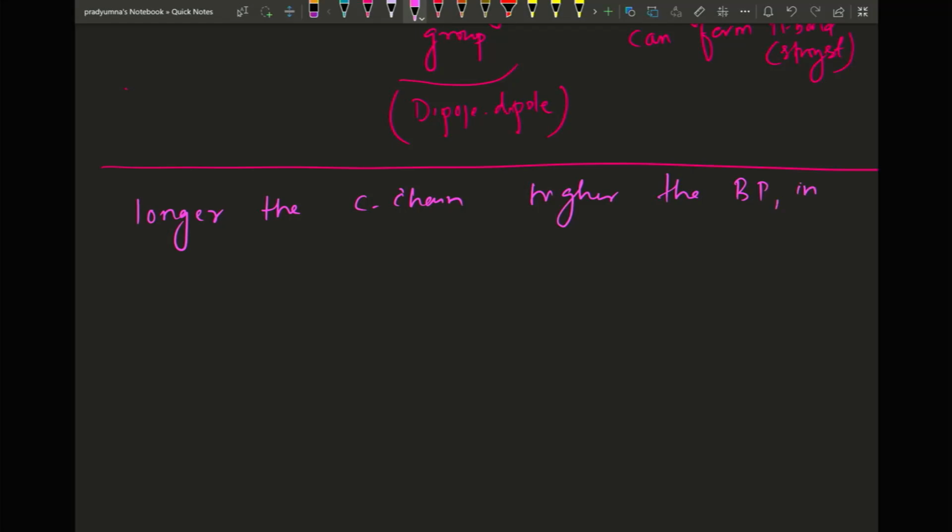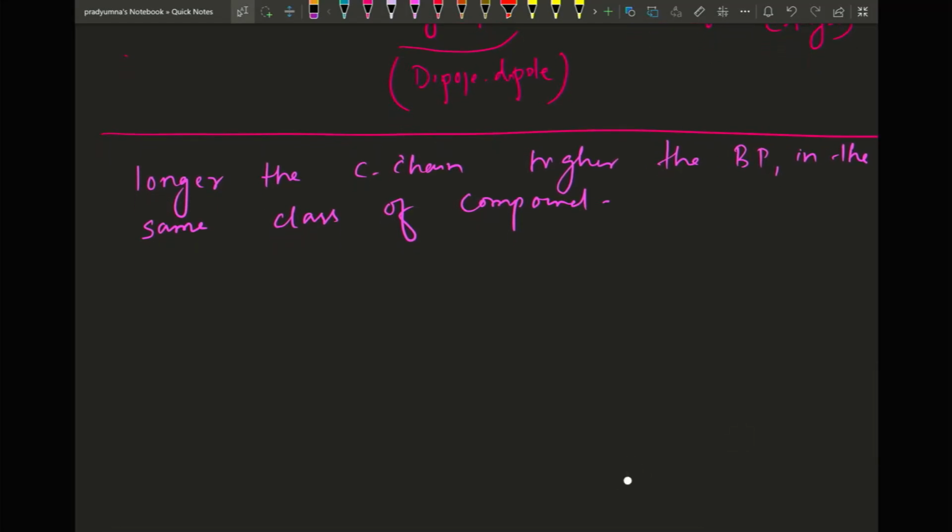In the same class of compound. You cannot compare two different sizes between two different classes of compounds, like alkane versus alcohol, unless they are of the same size. So the molecular mass plays a big role.